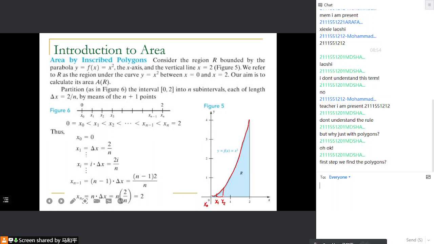We get the area of the region R, and we find these rectangle polygons. And the next one, maybe this is x3. The base is x2, x3. The height is f(x2). This polygon, right? And maybe this is x4.